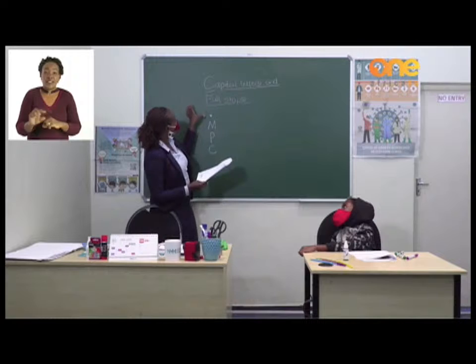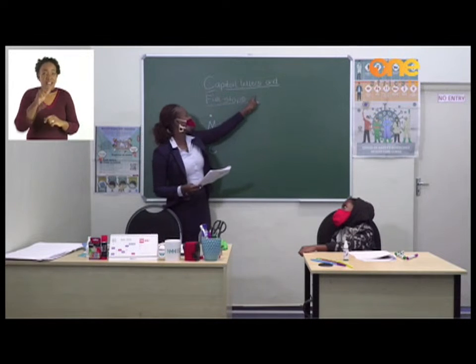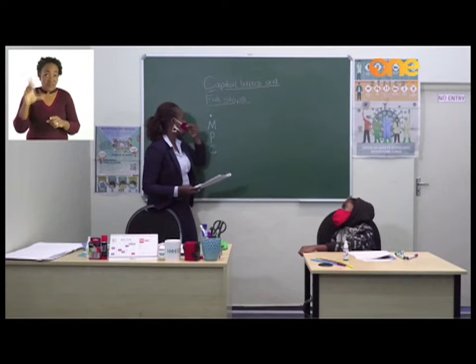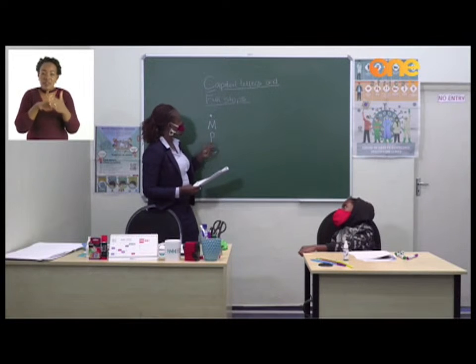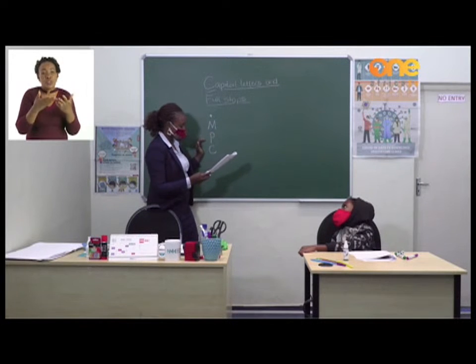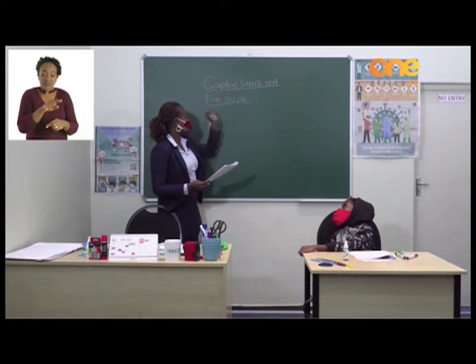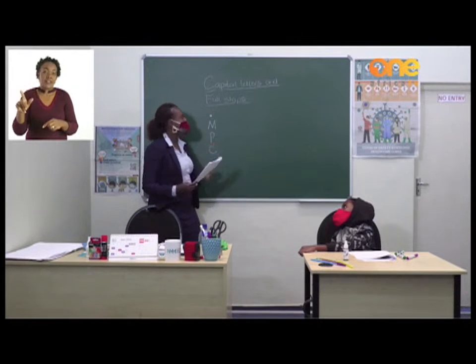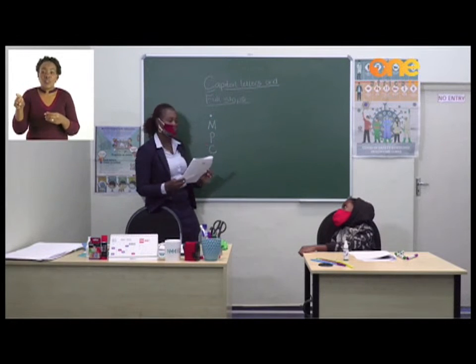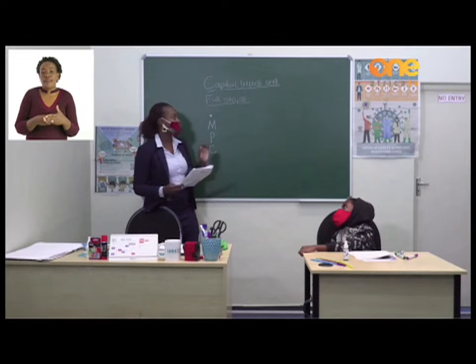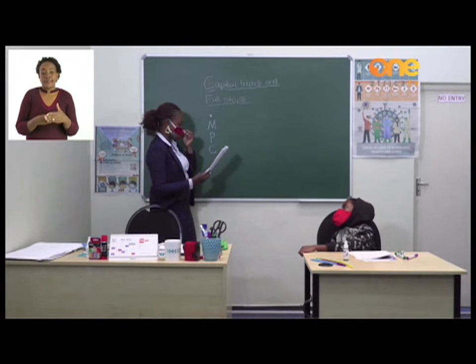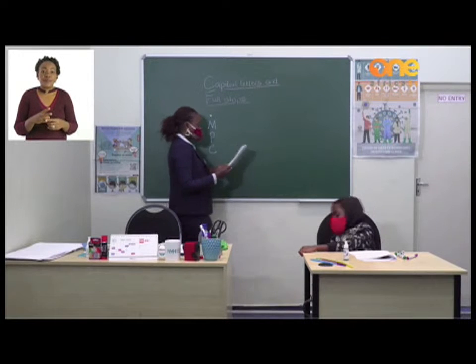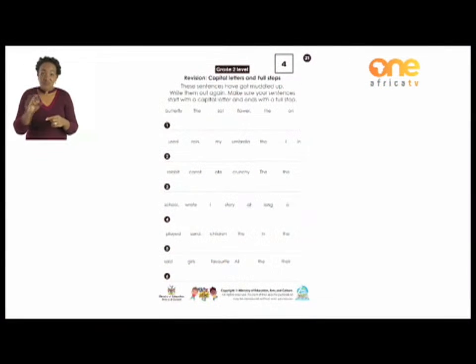And because we are doing capital letters and full stops, you must remember to start a sentence with a capital letter, and at the end of each given sentence, you must always put a full stop. Okay. We have words butterfly, there, set, flower, there, and on.